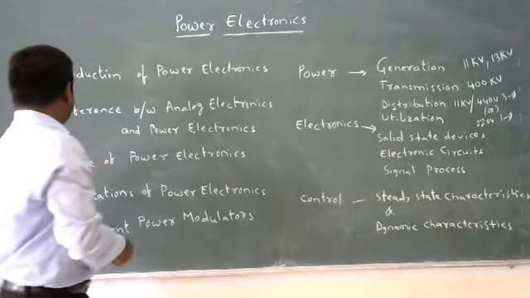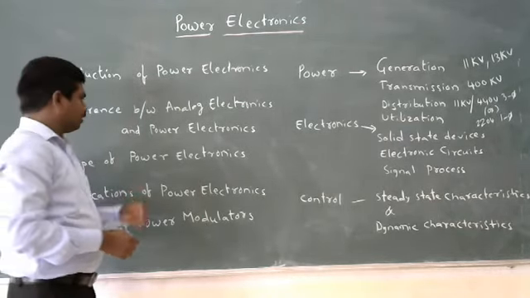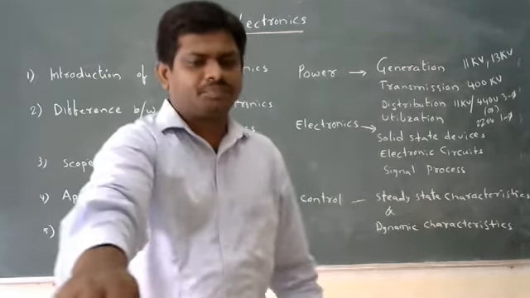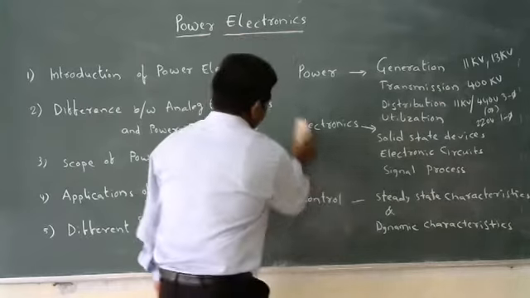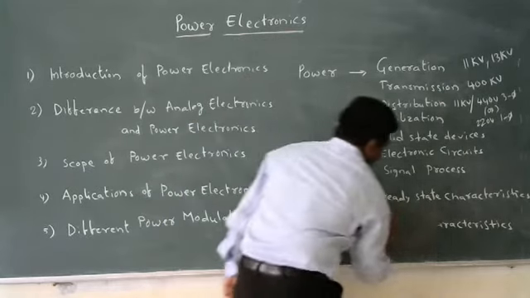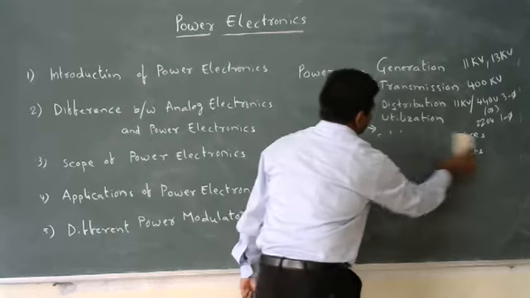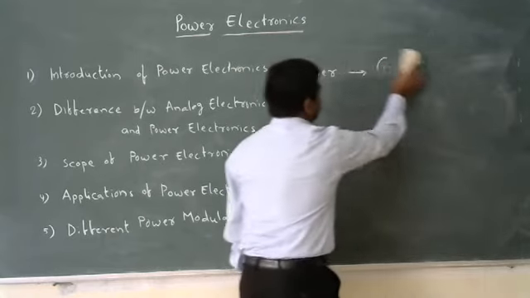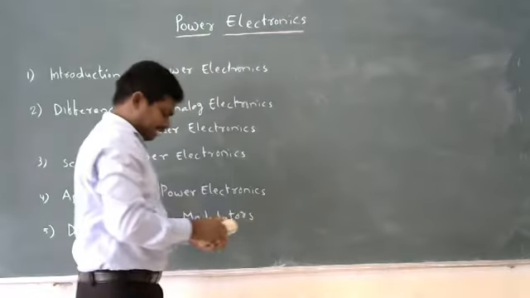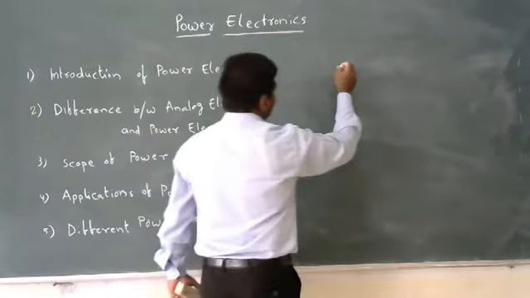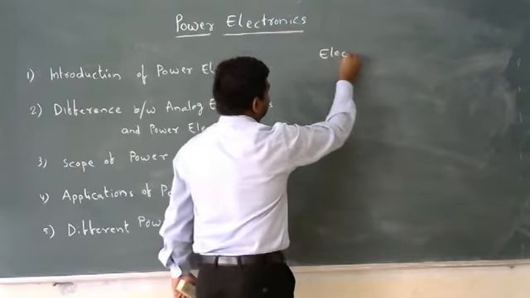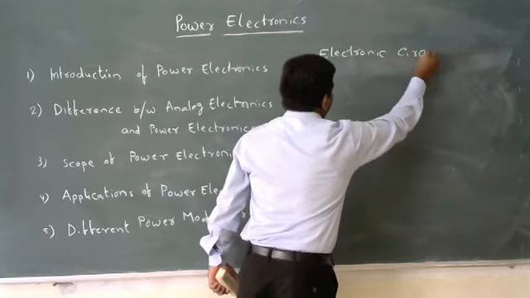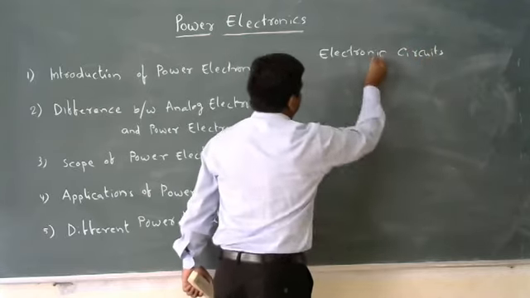And when we see the difference between the analog electronics and power electronics, the basic difference is that electronic circuits are of two types.